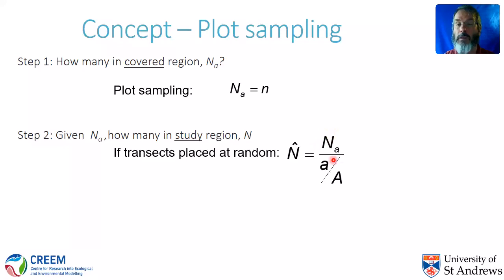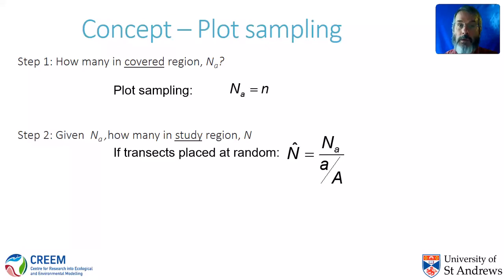Given that estimate of number of animals in the green strip, by placing the transects at random, what does that mean? That means every point in our study area has a finite probability of receiving our survey effort.